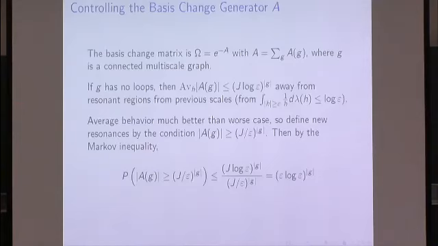So this provides a way to do what you would call a Markov inequality, I guess, to say the probability that A is bigger than some number is bounded by the average behavior divided by that number. And so then we get a small probability involving epsilon for the probability of a resonance.